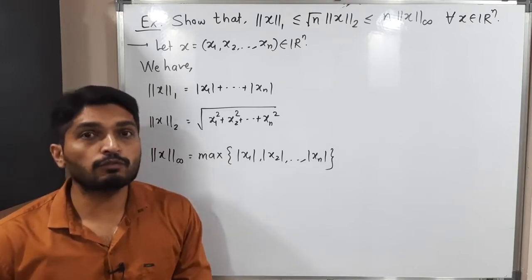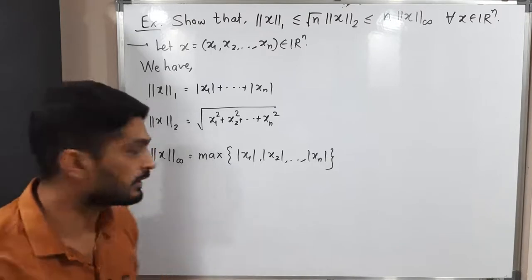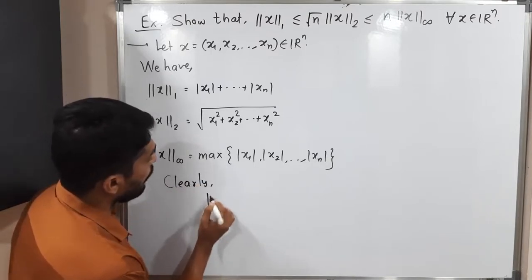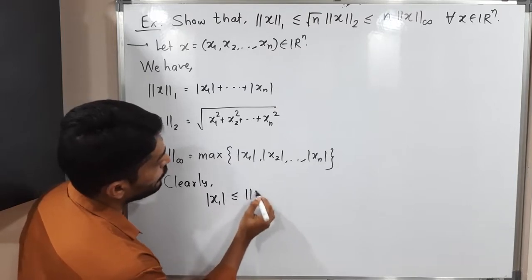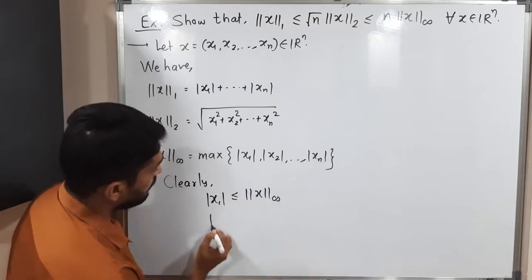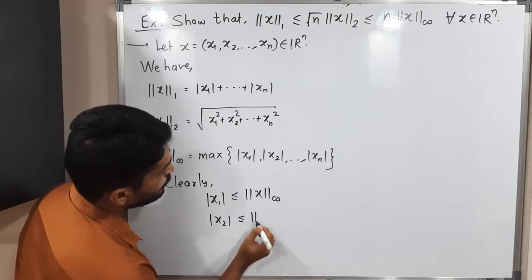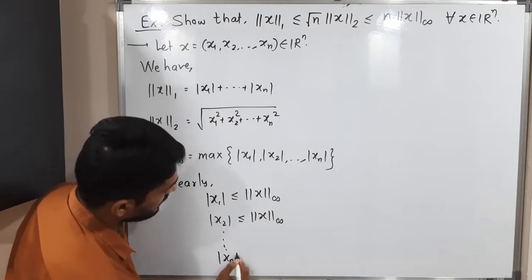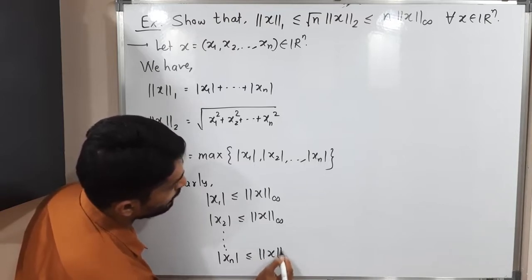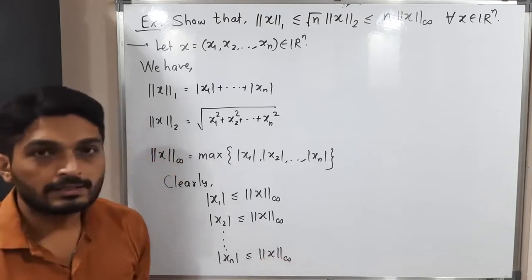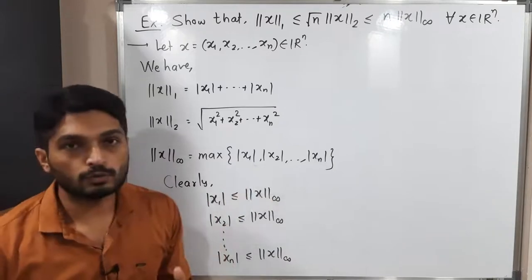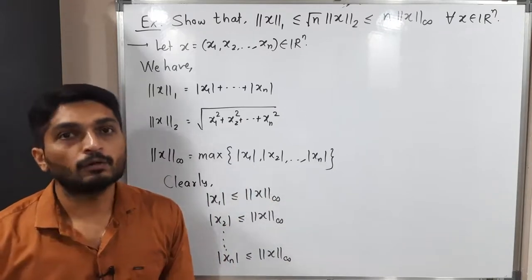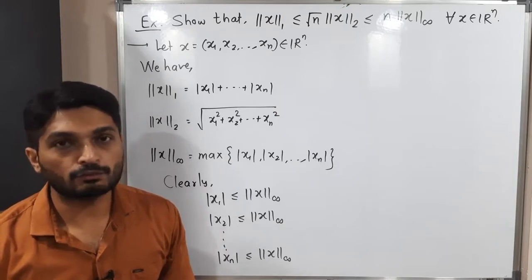So by definition of norm x infinity, we can write: mod x1 is less than or equal to norm x infinity, mod x2 is less than or equal to norm x infinity, and so on, mod xn is less than or equal to norm x infinity. Since it is the maximum of all these, each of them is either equal or less than norm x infinity.